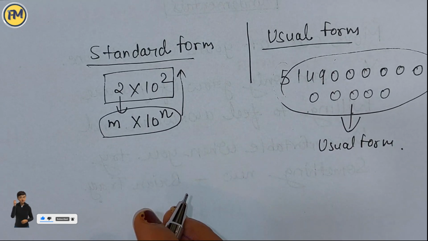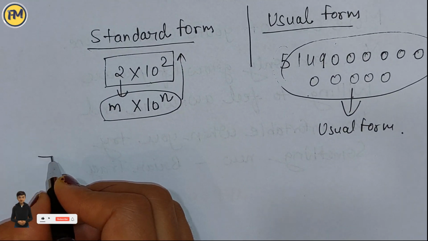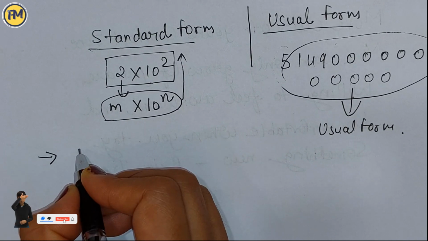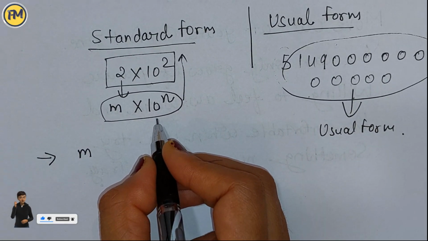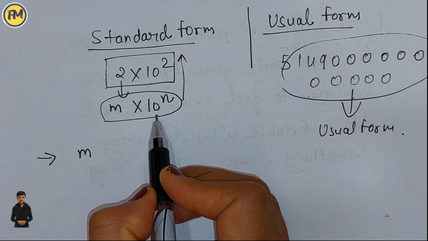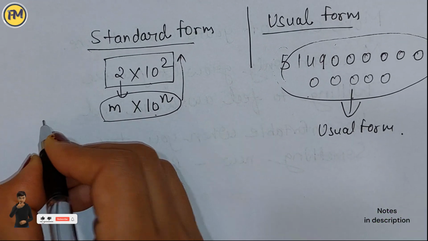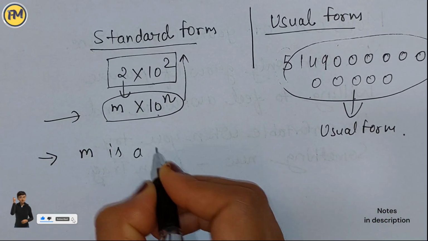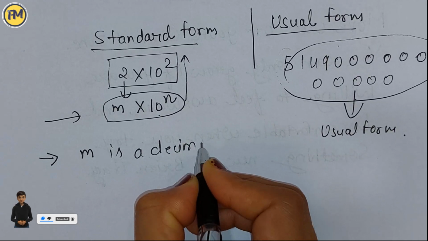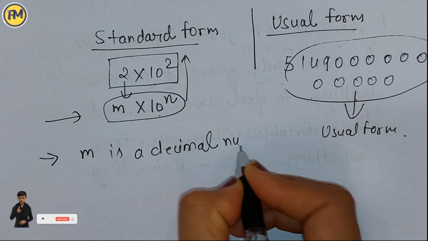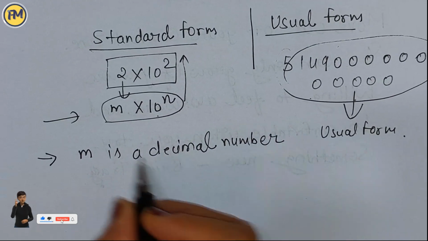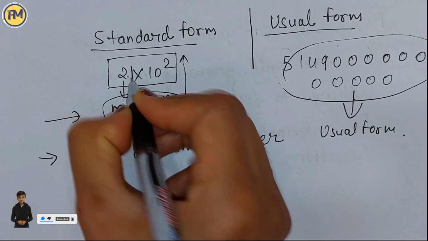There are a few criteria you can note down. The first condition is that the number should be in this form, and m is a decimal number, like 2.1.